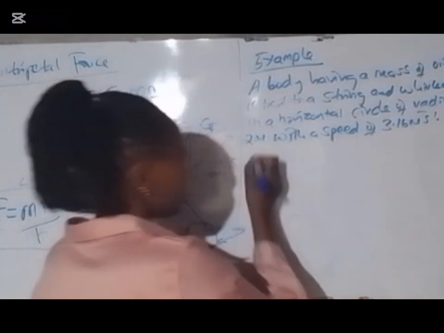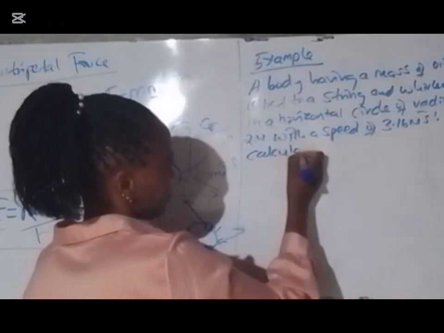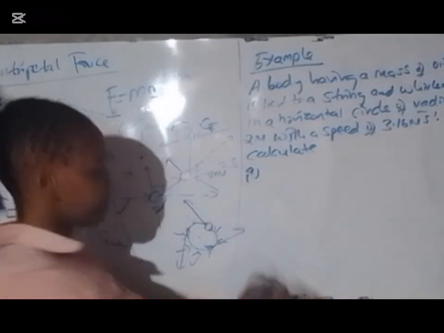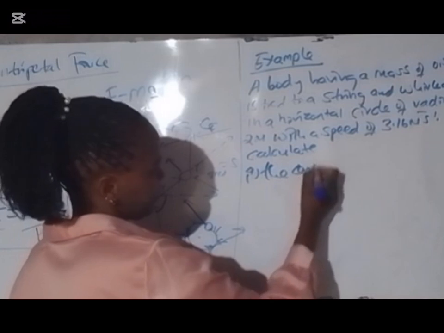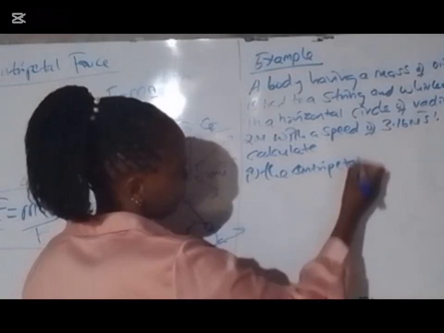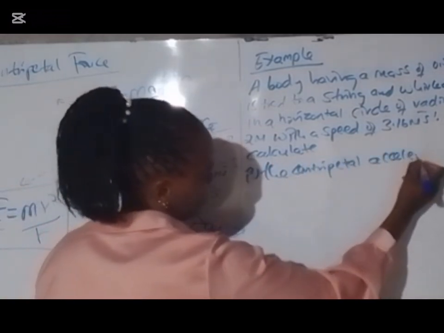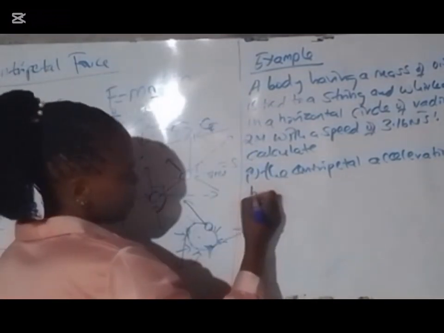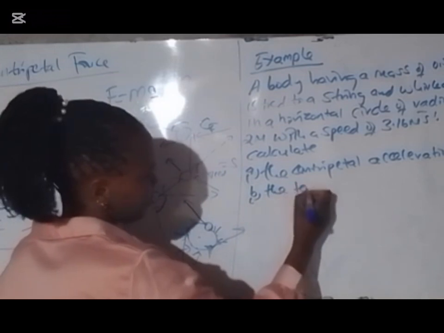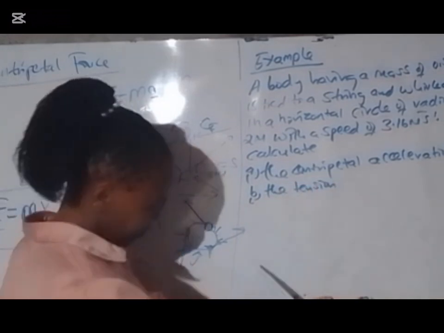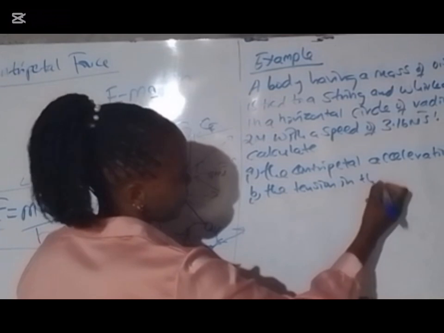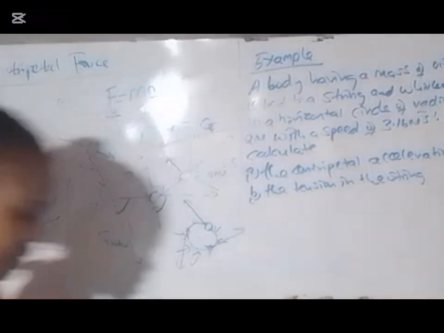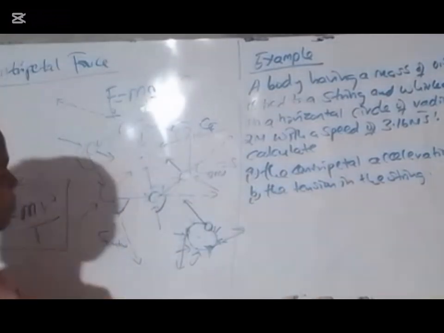Calculate A, the centripetal acceleration, and B, the tension in the string.